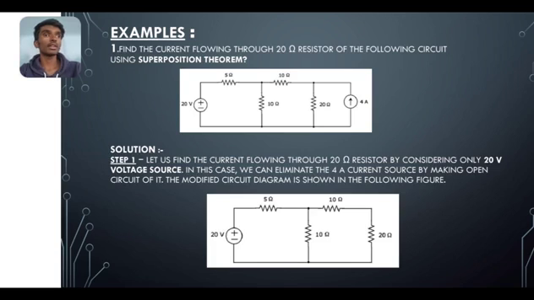Solution. Step 1. Let us find the current flowing through the 20 ohm resistor by considering only the 20 volt voltage source. In this case, we can eliminate the 4 ampere current source by making it an open circuit. Its modified circuit diagram is shown in the figure.